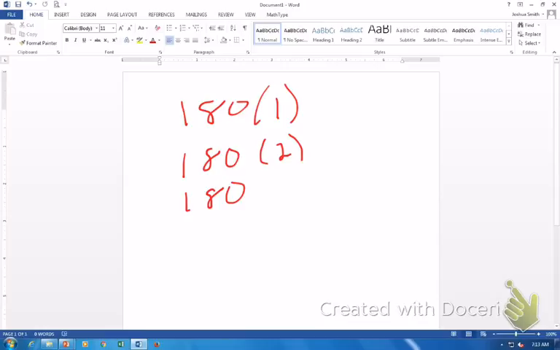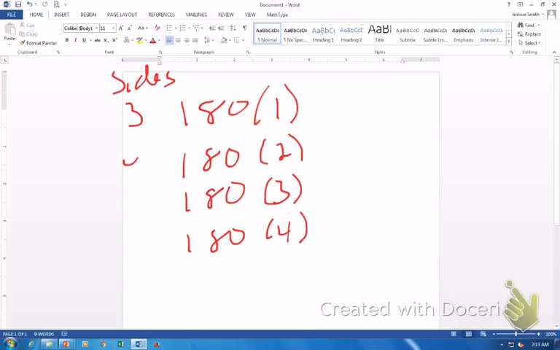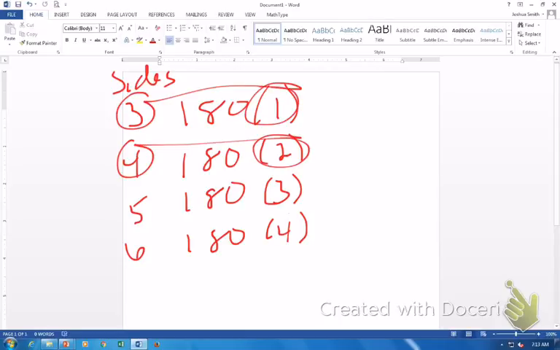For the pentagon, we were able to create 3 triangles, and for the hexagon, we were able to create 4 triangles. Okay? Triangle has 3 sides, right? If we talk about the number of sides, rectangle has 4 sides, pentagon has 5 sides, hexagon has 6 sides. Look at the difference here every time.